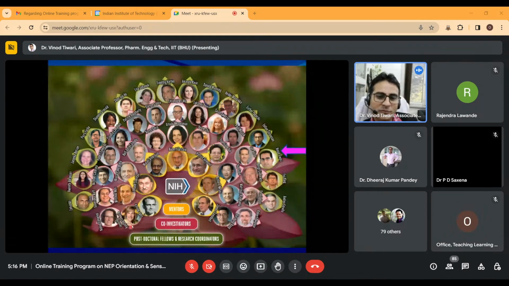What you can see here, with the orange color inside the circle are his mentors, his teachers. The people with the purple color are his co-investigators, with whom he worked over a period of time. He just retired last year from his clinical and preclinical duties. And the green color is the postdoctoral fellows from his lab, which is the outside circle. And you can find myself here in the last row.